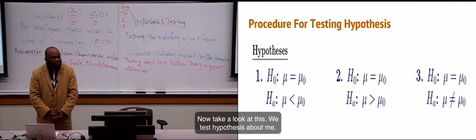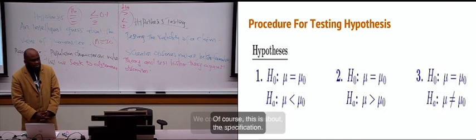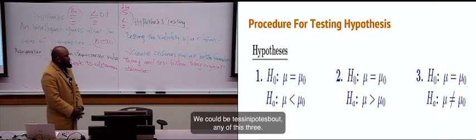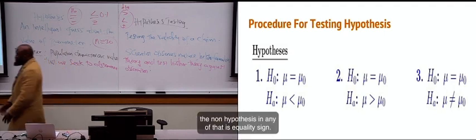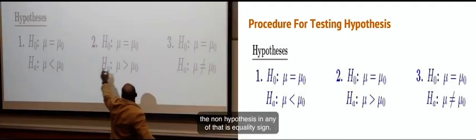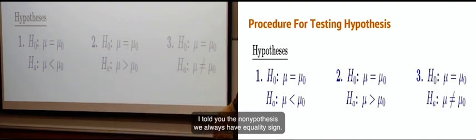Now, take a look at this. We test a hypothesis about the mean. Of course, this is the specification. We could be testing a hypothesis about any of these three. I need you to take a look at the null hypothesis. In any of them, it has an equality sign. I told you the null hypothesis will always have an equality sign.